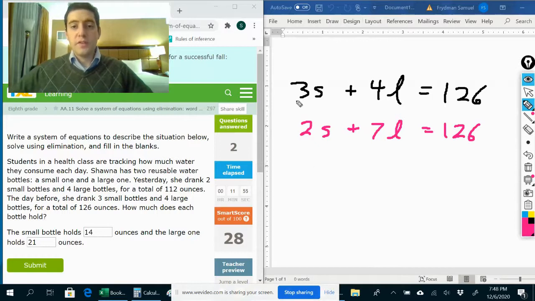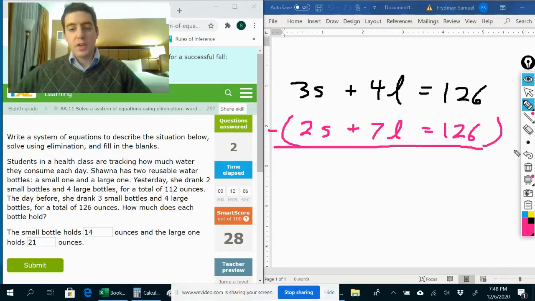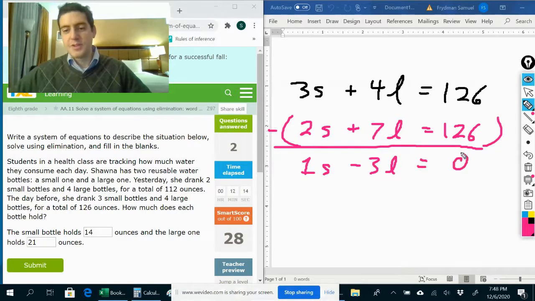So now the coefficients in front of the S's are not the same, and the coefficients in front of the L's are also not the same. What do you do in that case? Because if we were to just subtract here when the coefficients were not the same, I would get 1S here, and here I would get minus 3L. But this doesn't help me because I still have an S and an L, so I didn't eliminate anything.